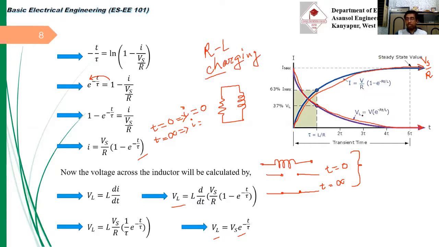So this is our voltage, and for the decaying circuit you can calculate: 0 equals R into I plus L into di/dt. Solve this equation, put in the time limits, and you will get this type of curve.